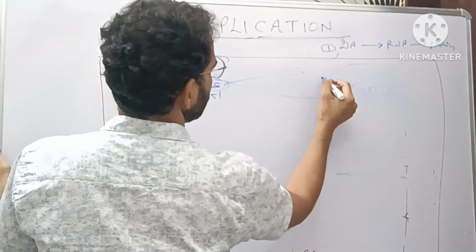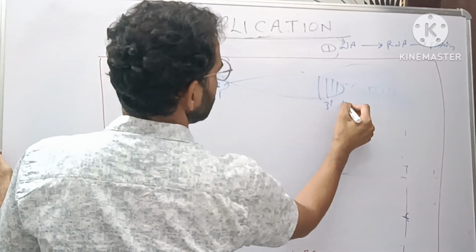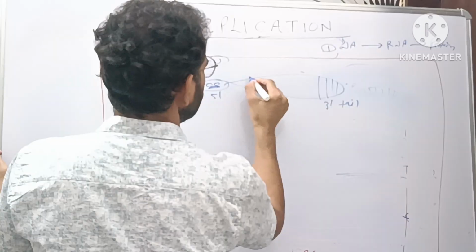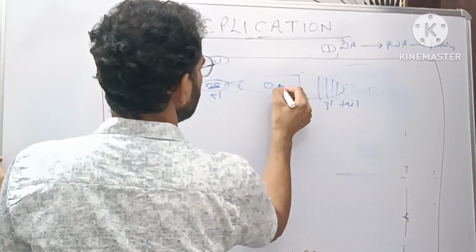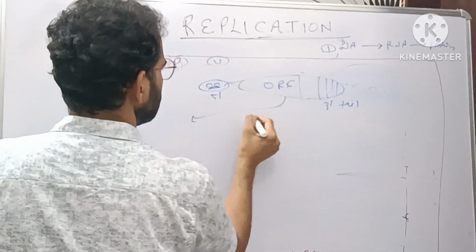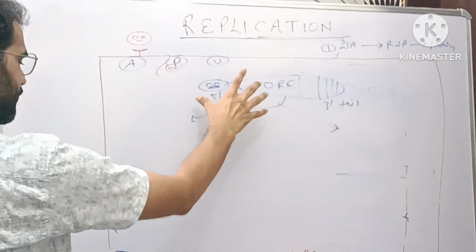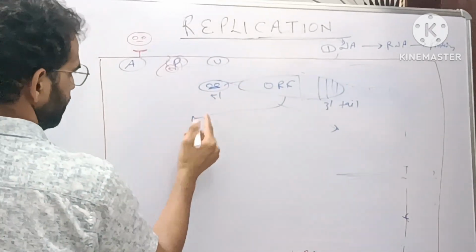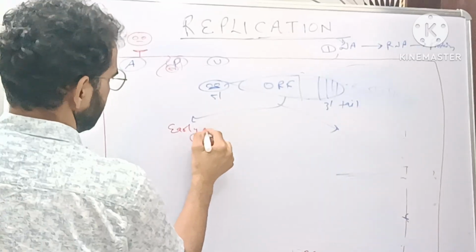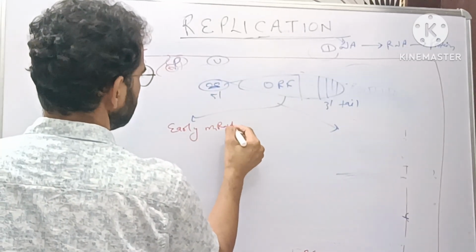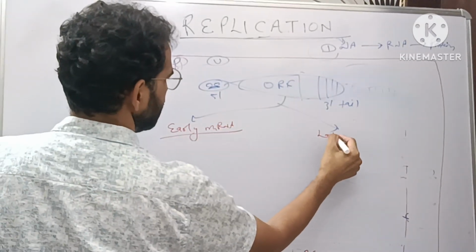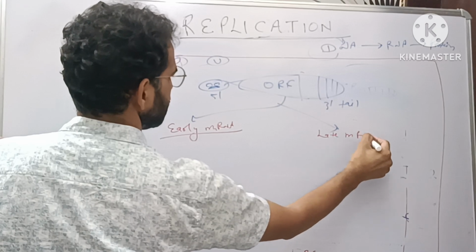So we have the 5' cap and 3' tail, and in between we have the ORF. From this mRNA, it may be early messenger RNA or late mRNA.